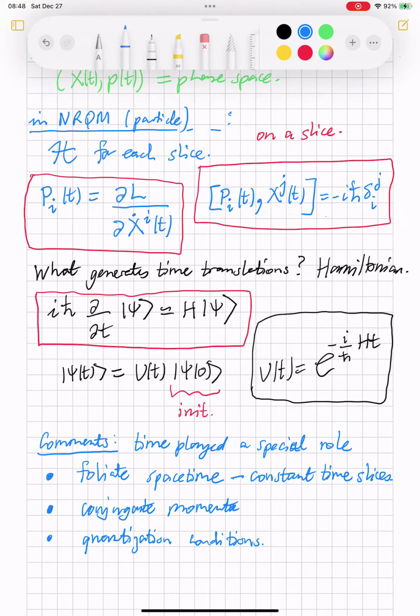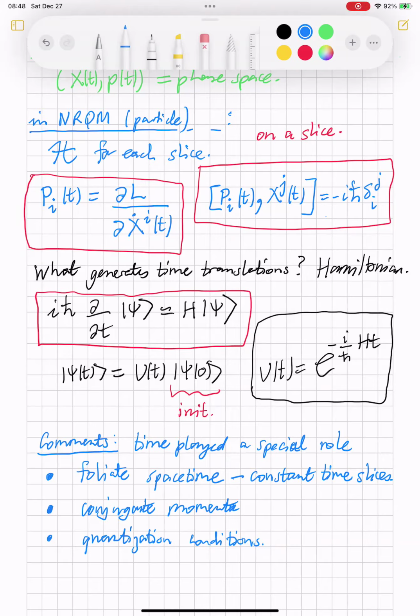Now, it turns out that we've used time, but time is not the only choice that you can make. You might use some other coordinate in the theory. We're going to soon use light cone time. So it'll actually be a linear combination of time and space. And we're going to let that play the role of time. So what do we mean by that? Well, we're going to use this to foliate our space-time.